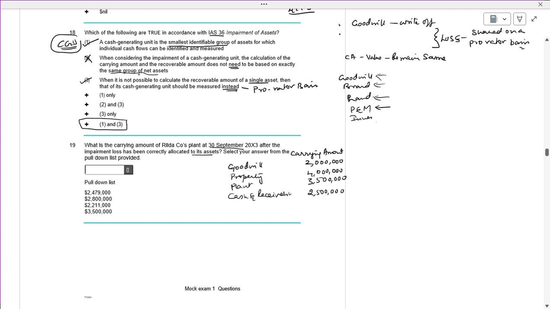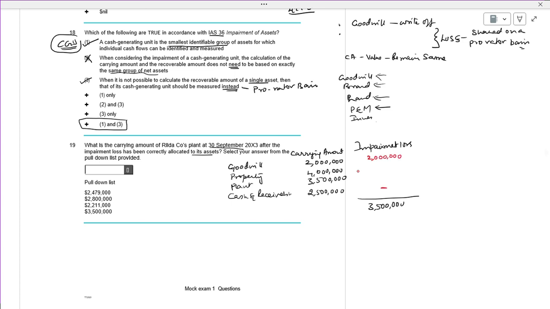How much is the impairment loss? Impairment loss is 3.5. Straight away it will affect goodwill.